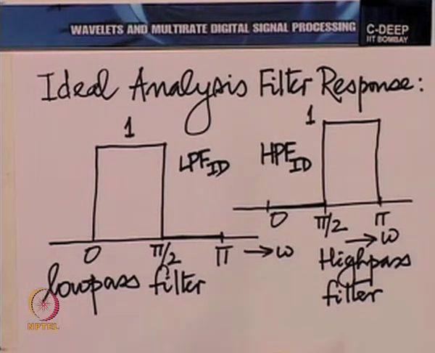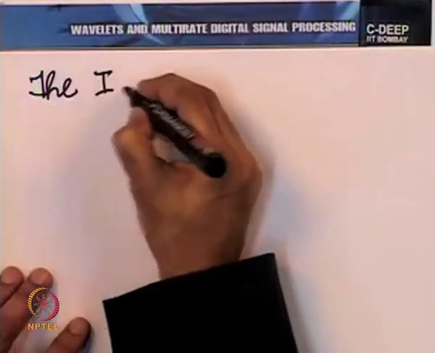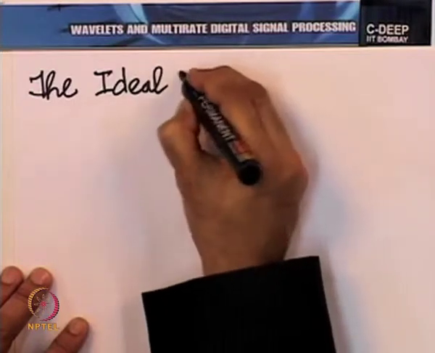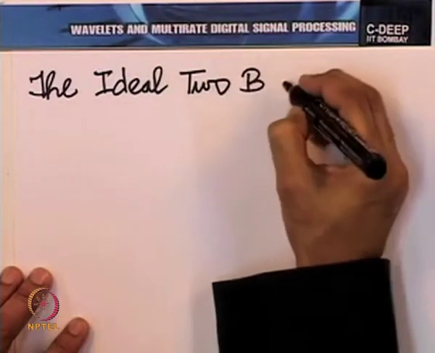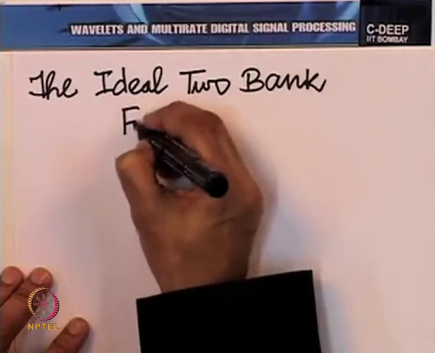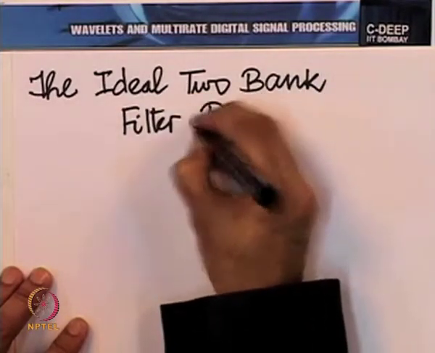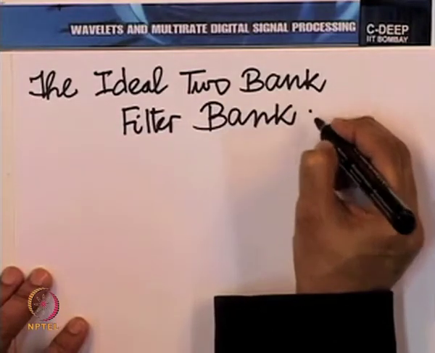Let us now put down the ideal frequency responses of all the filters, analysis and synthesis, in a 2 band filter bank. So, where are we moving? In what direction are we moving? So, the ideal two band filter bank would have the following structure.